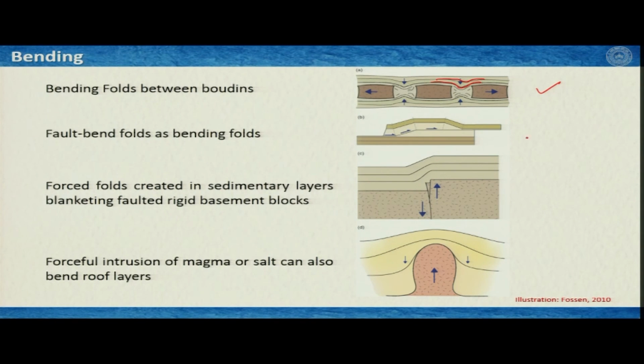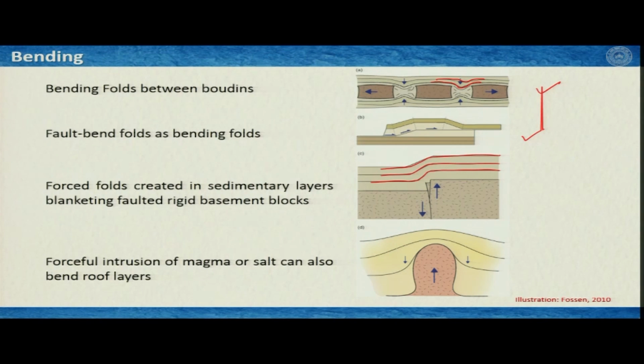Also we see them in fault bend folds, or sometimes we call it forced folds, when you have a fault at the bottom layers which are brittle, and then you have some layers that can be adjusted with the fault at the bottom, and therefore you form a structure which is fold like, and these are bending folds.